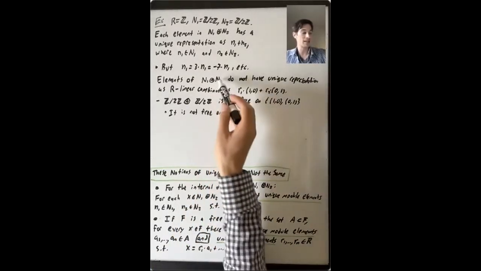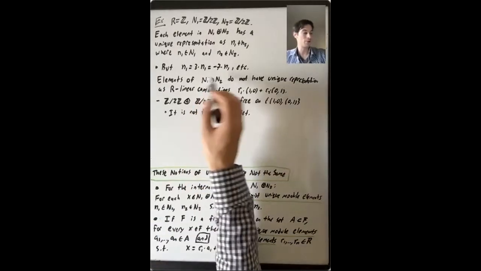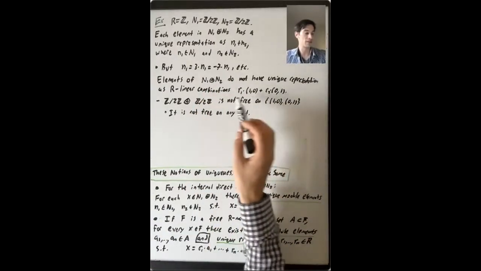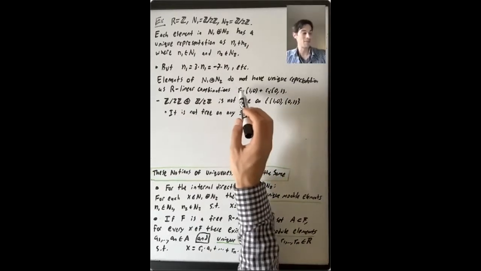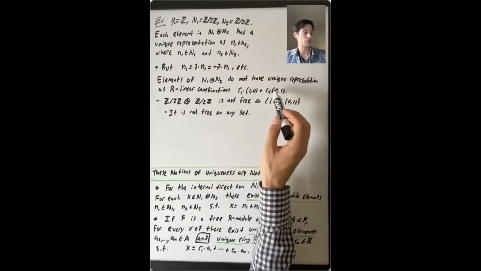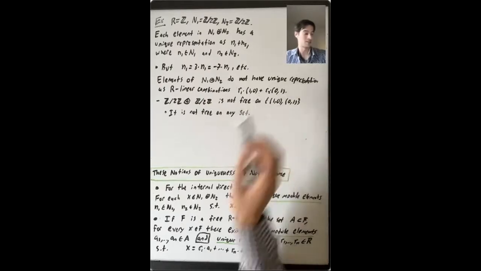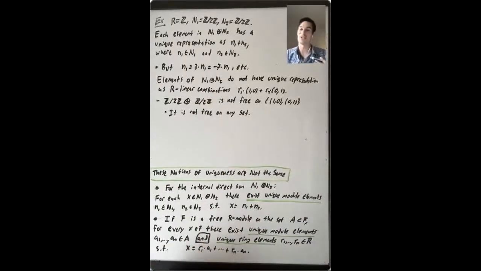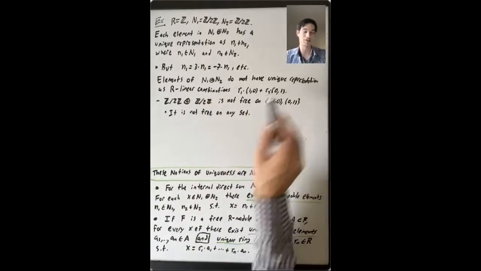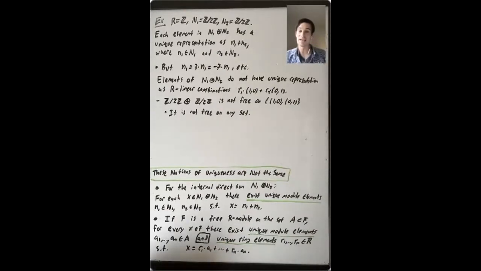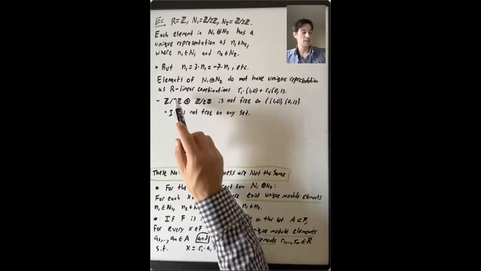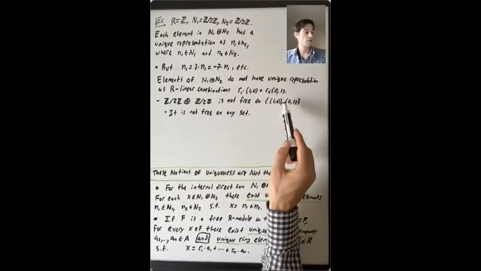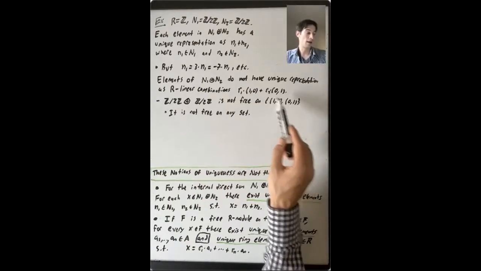So the elements in this N1 plus N2 do not have unique representation as R linear combinations of some integer times (1, 0) plus some integer times (0, 1). Here I'm writing this with the notation of an external direct sum because I think it's a little simpler. What we're really seeing is that Z mod 2Z plus Z mod 2Z is not free on the subset (1, 0), (0, 1).